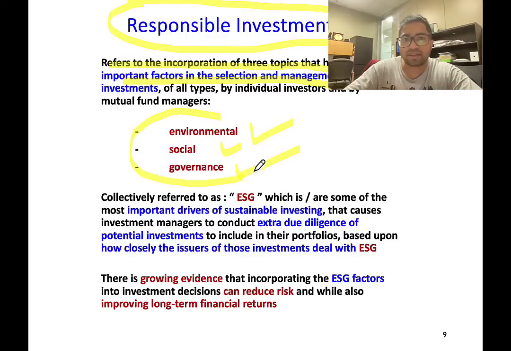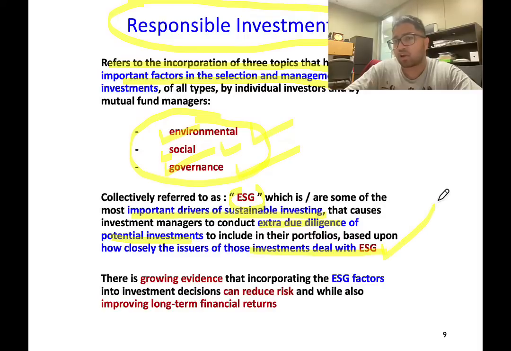Mutual fund managers, along with good companies, also look for the ESG score, how the companies are performing on environmental norms, social norms and governance norms, collectively referred to as ESG, which is some of the most important drivers of sustainable investing that causes investment managers to conduct extra due diligence of potential investments to include in their portfolio based on how closely the issuers of these investments deal with ESG.